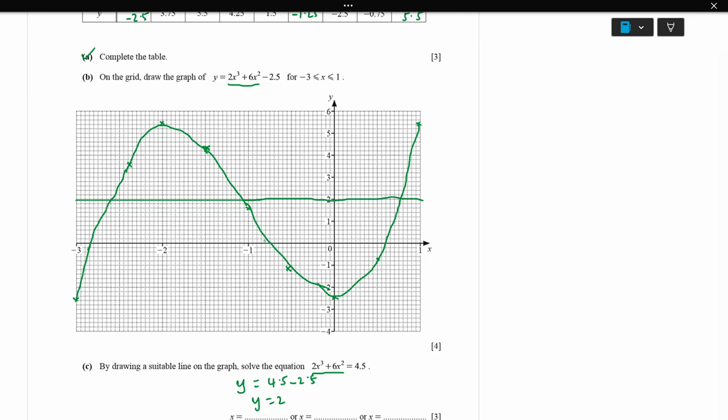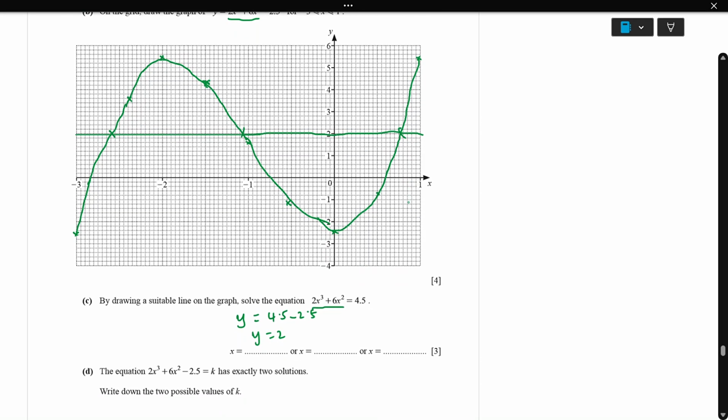here, how many places intersect? 1, 2 and 3. These are all the solutions. The first value of x is approximately negative 2.75. The second value here is close to 1, which is negative 1.1 or 1.2, so I'll write negative 1.1.